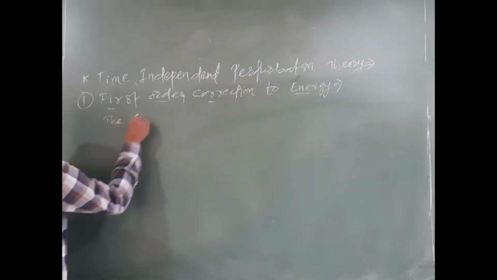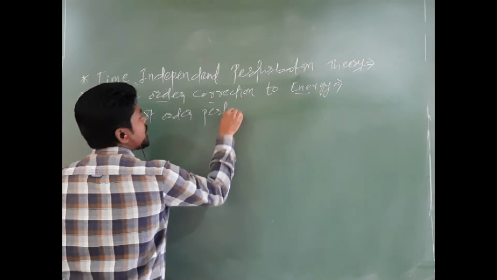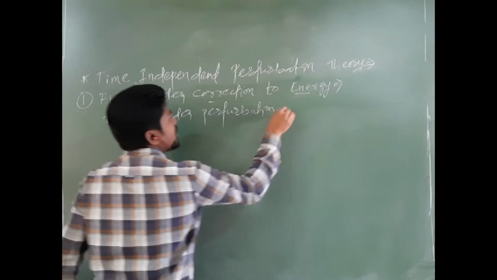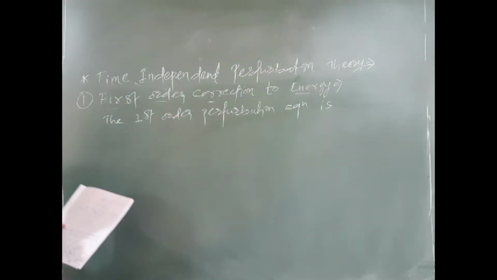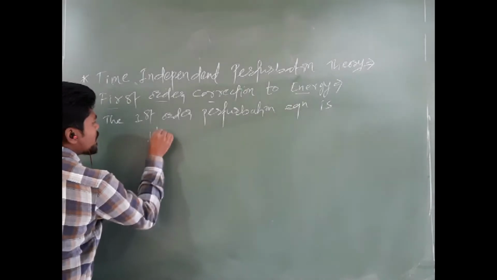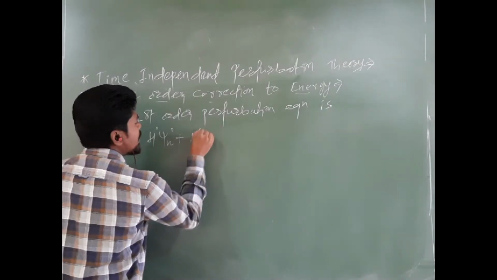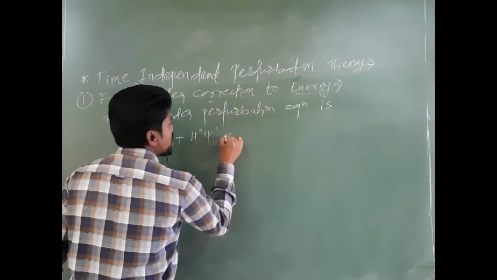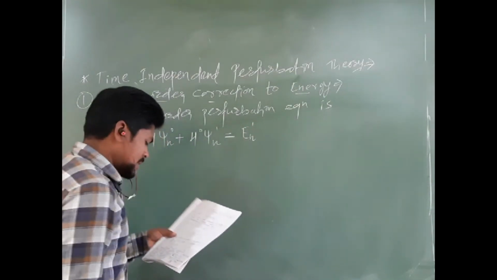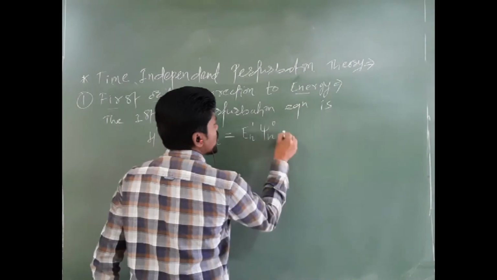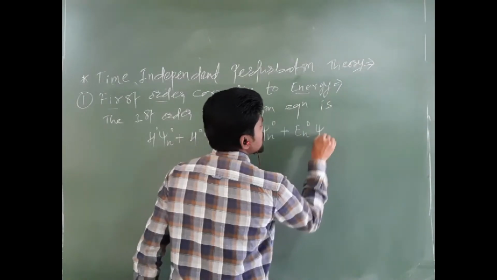So the first order perturbation equation, equation B, was H prime psi n naught plus H naught psi n prime equals E n prime psi n naught plus E n naught psi n prime.